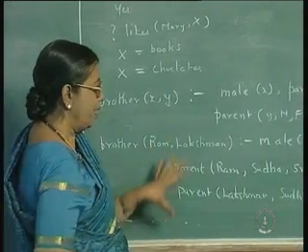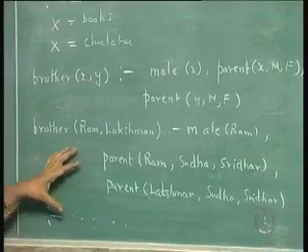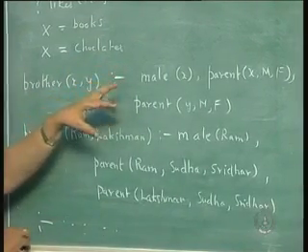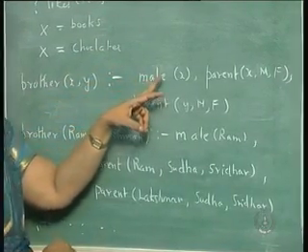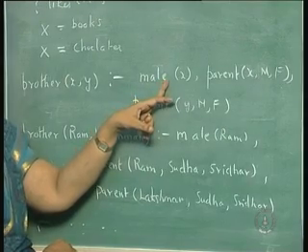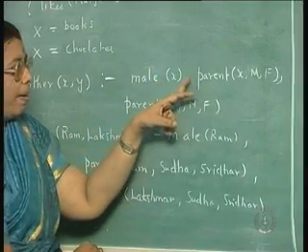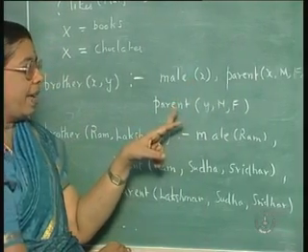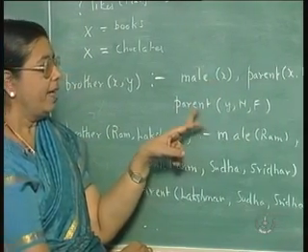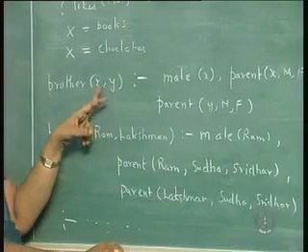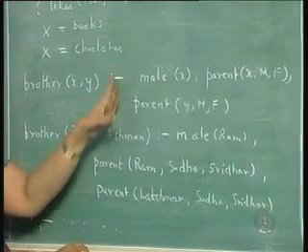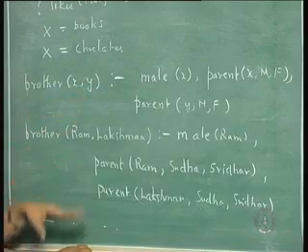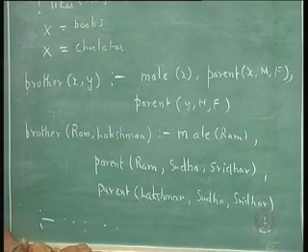Now, this can be in the if then form, it can be read like this. Look at this, it can be read like this. If X is a male and parents of X are M and F and parents of Y are M and F, then X is the brother of Y. So, this is the if portion and this is the then portion. You have to read it like that.